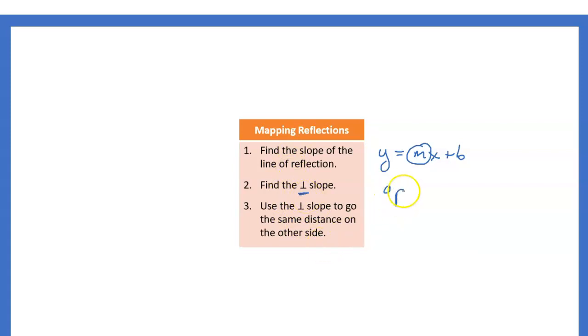And we use that opposite reciprocal fact. And we find the opposite reciprocal of the slope of the line of reflection. That means we now have the slope that connects the 2 points. And our final step is to use that perpendicular slope to go the same distance on the other side of the line.